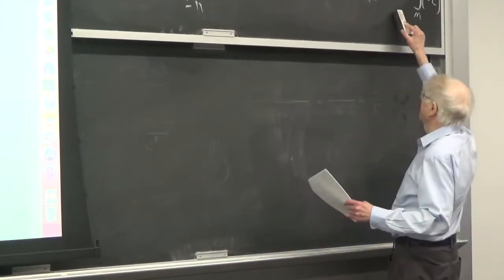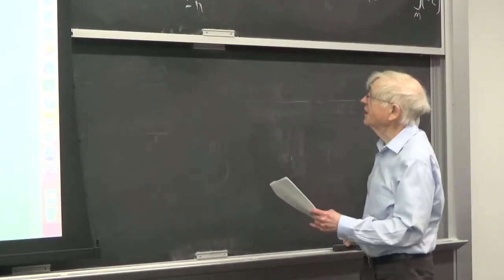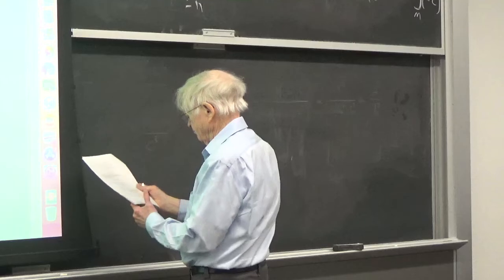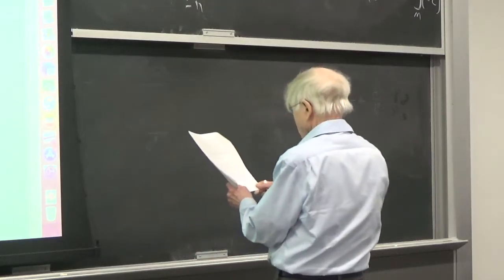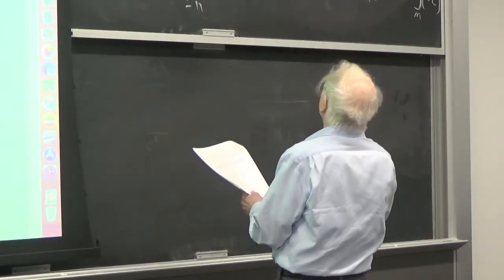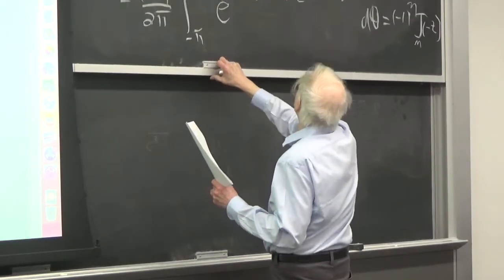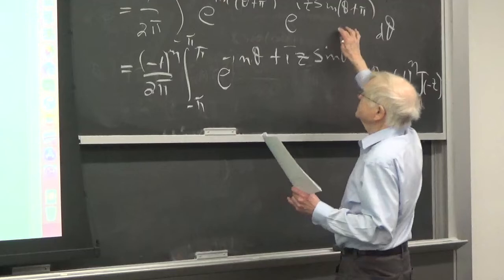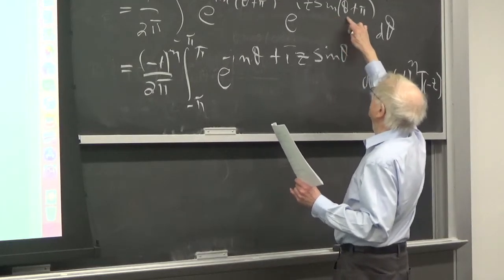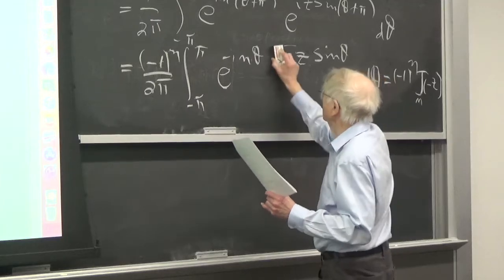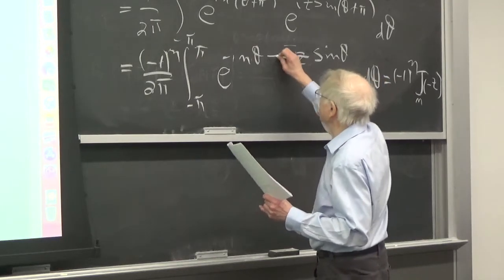So we'll get there in a moment, but let me first go back to this. Oh wait, that was right. I forgot to do the sine of theta plus pi. The sine of theta plus pi is minus sine of theta. So this is a minus sign.